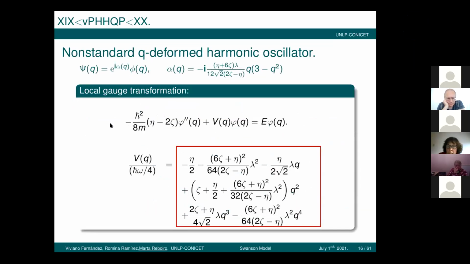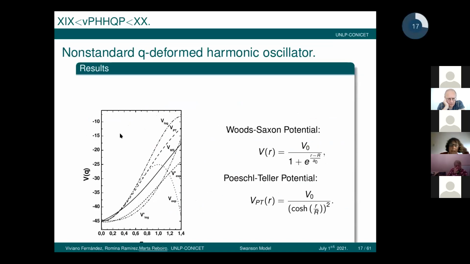This is only algebra. And what is interesting is that by adjusting the constants of the model, the parameters zeta, eta, and lambda, we can reproduce pretty well the structure of a Woods-Saxon potential or the Pöschl-Teller potential.